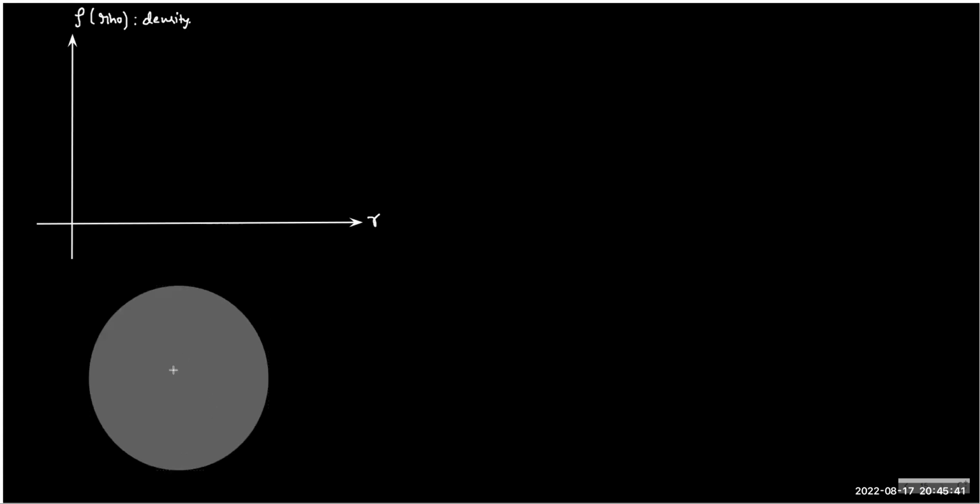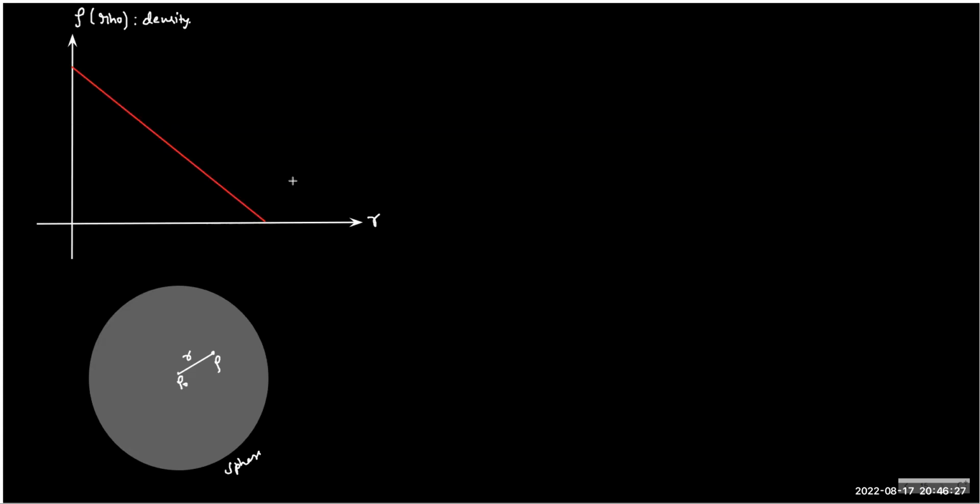In a sphere, as you move away from the center by distance r, the density is changing. At the center, the density is rho naught, and at a distance r, the density is rho. The variation of the density is shown in the figure like this.